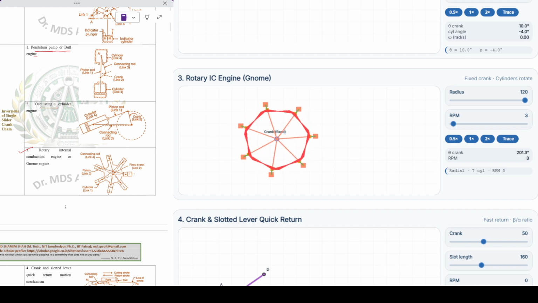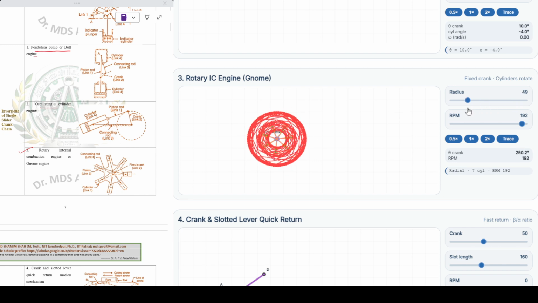This crank length is generally fixed here. I am decreasing the radius of the crank, now increasing the crank and increasing the RPM. See how the motion is taking place in case of rotary IC. So this was about the rotary IC engine.